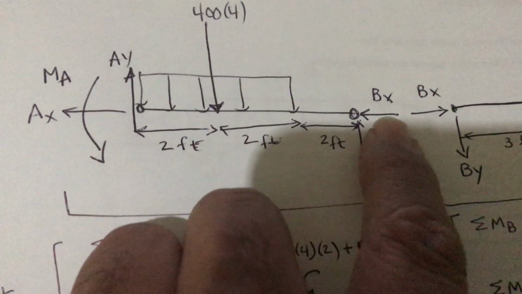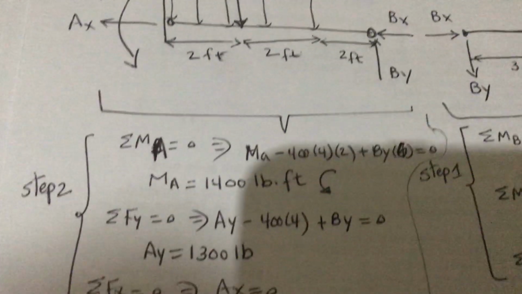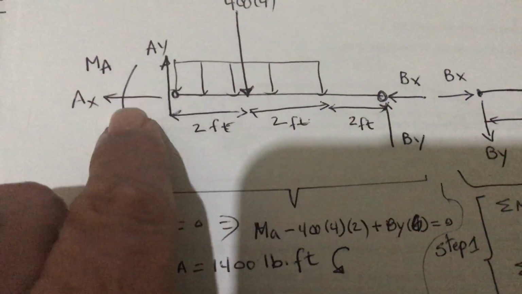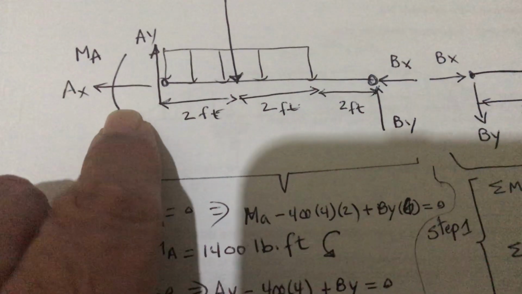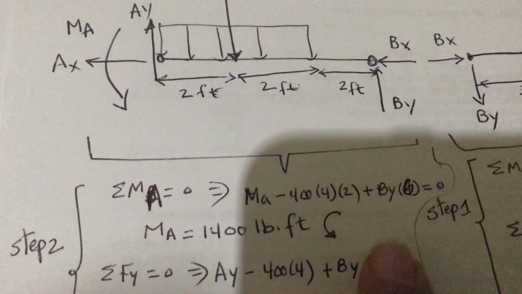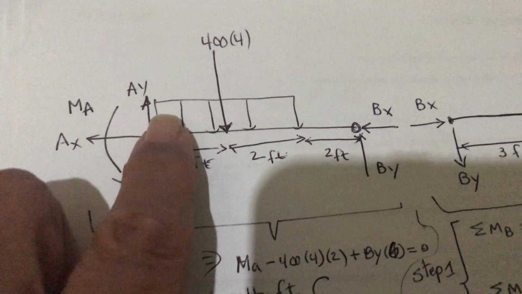Now AX, remember, there's nothing in the x direction, so summation of force in x gives AX equal to 0. Now, we need to find the moment here. You could find moment at any location, at A or at B. They both will give you the same answer. Let's find moment at A.